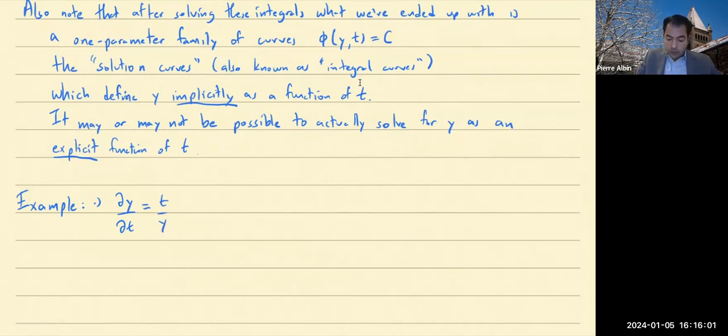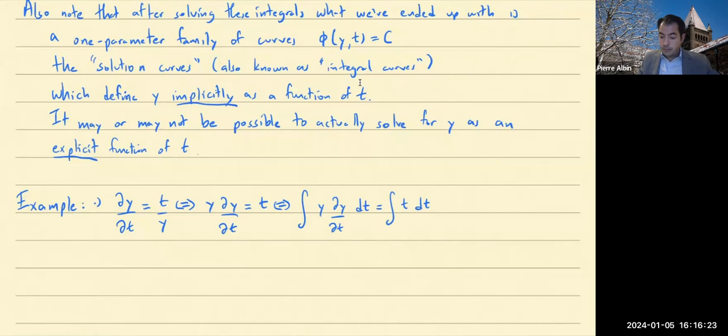Okay, so here we can rewrite this, multiply both sides by y. We end up with this, integrate both sides with respect to t. Right, now here we recognize this left-hand side as being just a change of variable in the integral. So this is just the integral of y dy, whereas the right-hand side is the integral of t dt.